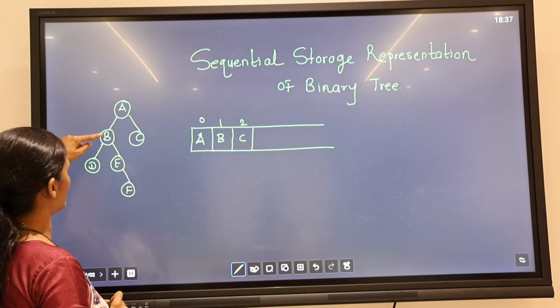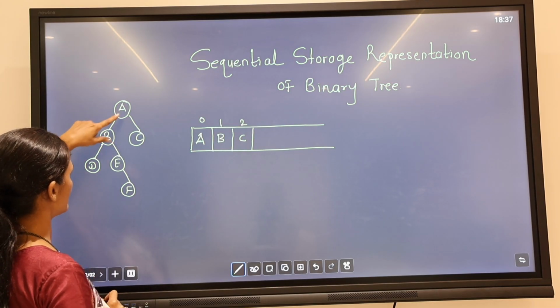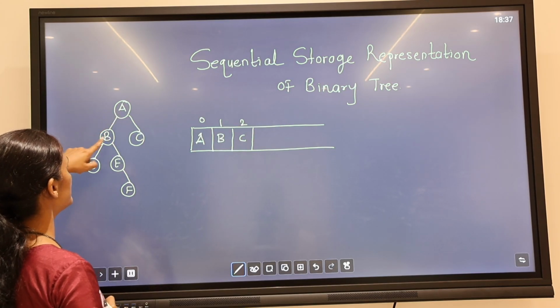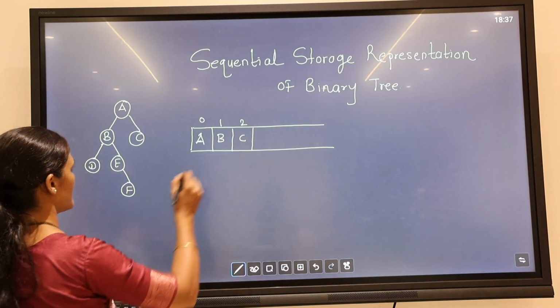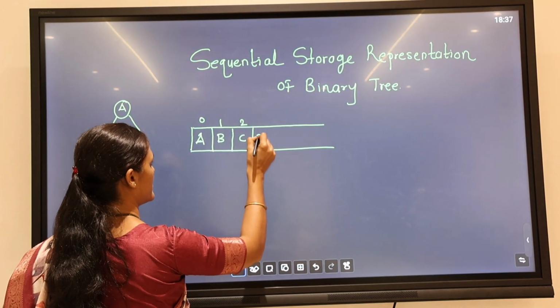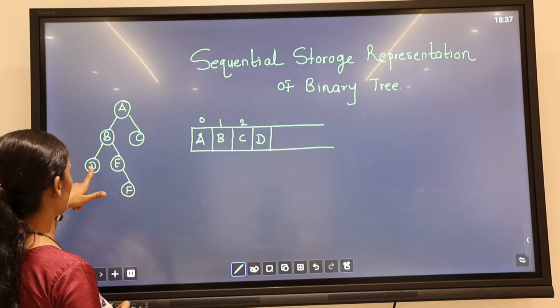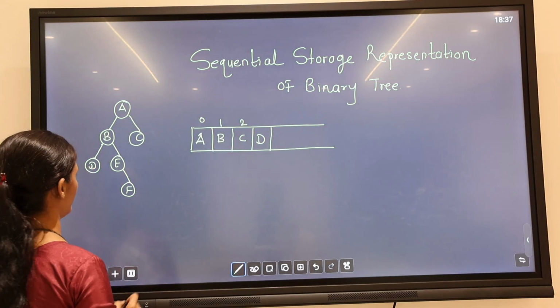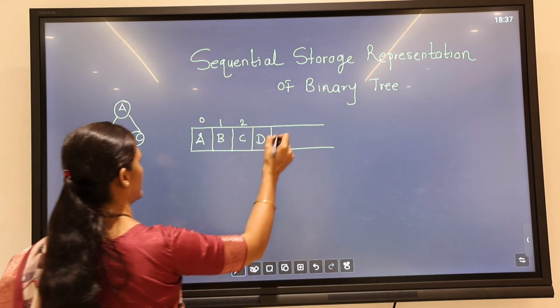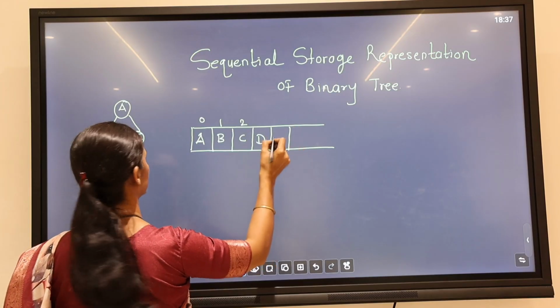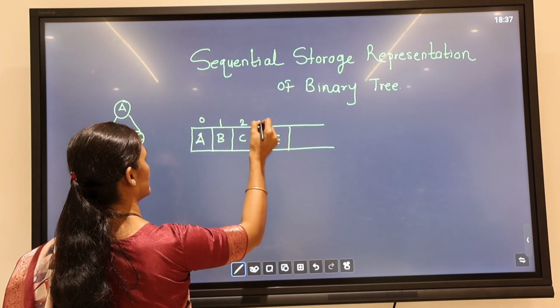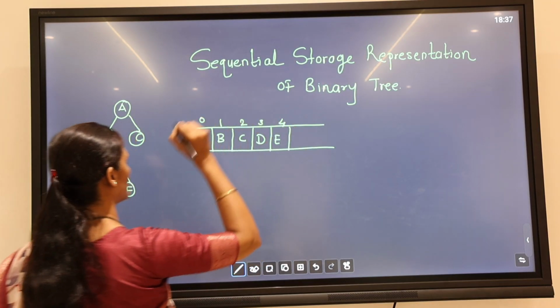Now A is completed, storage of A is completed, B has been done, C is okay. Now there is number of D, D and then E. 3, 4.